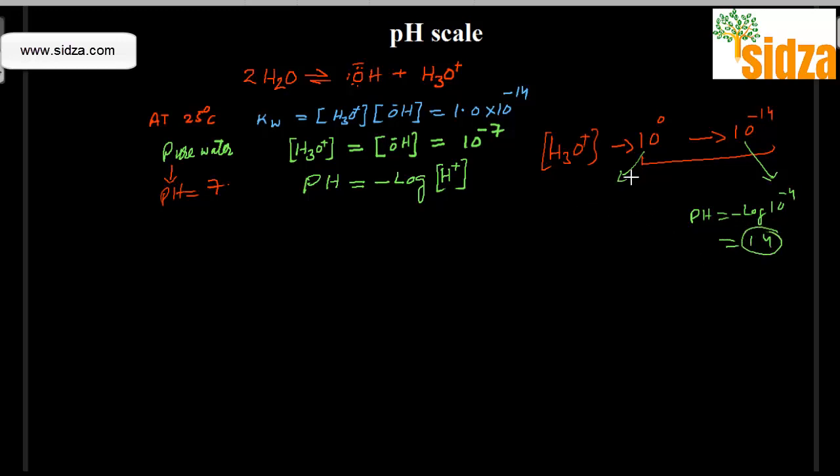Another end of the scale will be a solution with a pH of negative log of 10 to the power 0, which is 0, correct? So by looking at these two extremes of different solutions, we can have a scale called the pH scale, which ranges from 0 up to 14, correct?